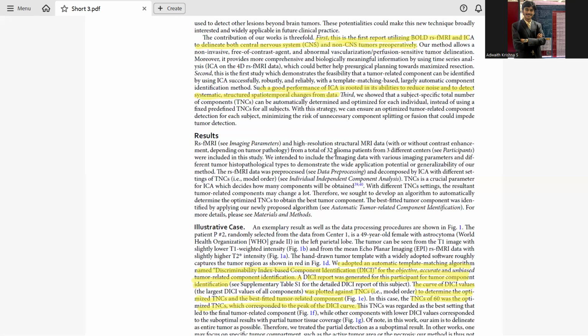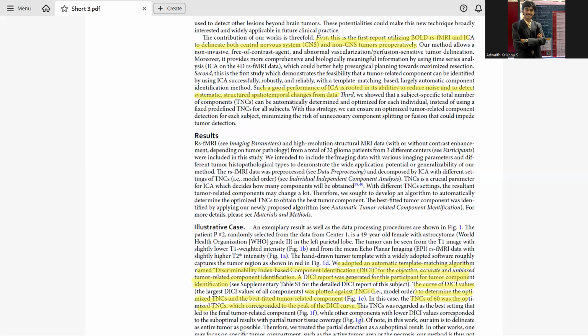So the study developed an algorithm to automatically determine the best TNC setting. So scientists came up with a smart way to figure out exactly how many noodles to pick in order to separate out the red noodle as clearly as possible, according to my example. Once they do that, they can learn a lot more about the red noodle, like how long or thick it is, which helps them to understand the tumor's effect on the brain.